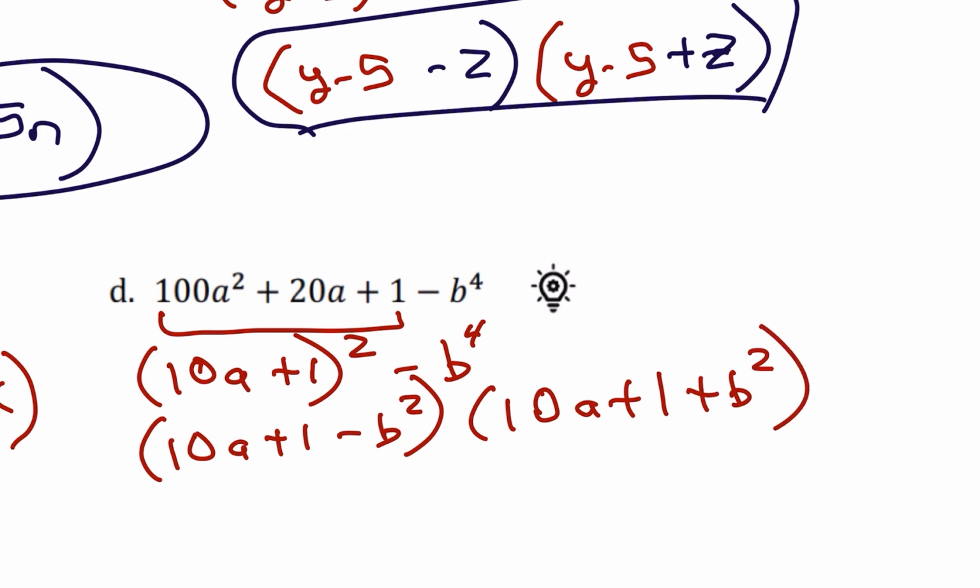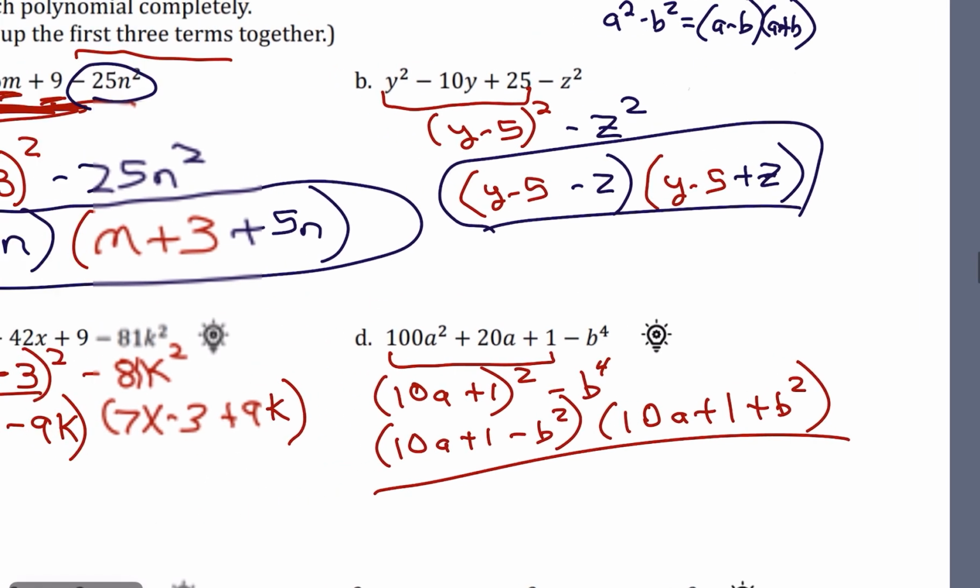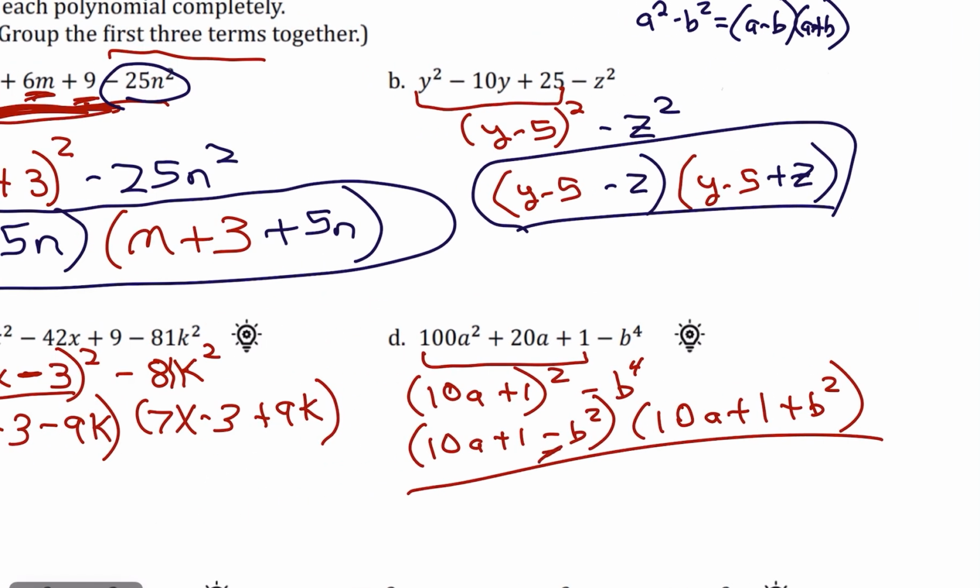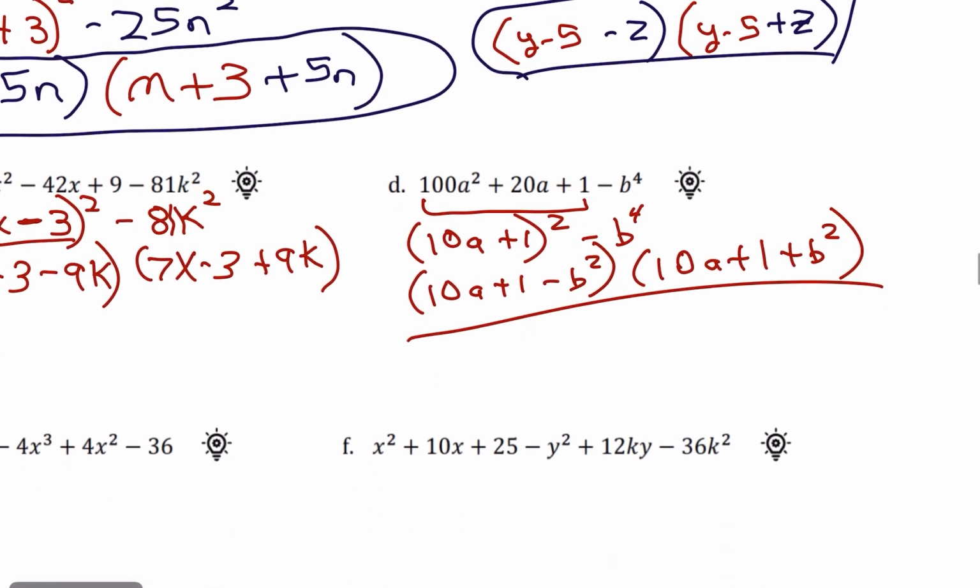And by the way, it doesn't matter which of these 2 parentheses you write first. I tend to put the minus first and the plus second, but it doesn't matter. I think even in the back page of your workbook, on the reference sheet, it actually has the plus first. Doesn't matter. So I could have done it with plus b squared here and minus b squared there. Same thing.